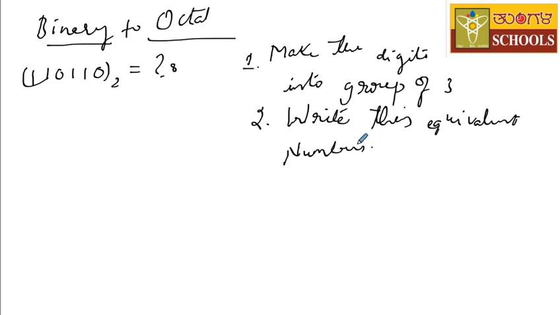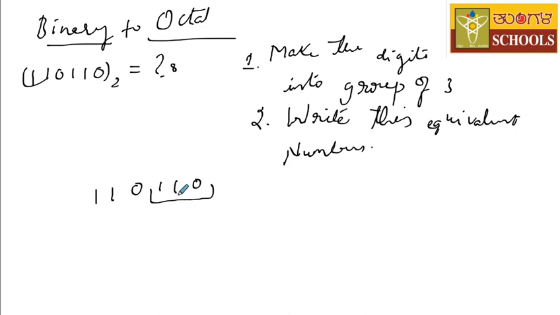Okay, then how to make the group? Here the number is given. I will write once again over here 1 1 0 1 1 0. Okay, what we have written here, make the digits into groups of 3. That is, first you need to make the group of 3.